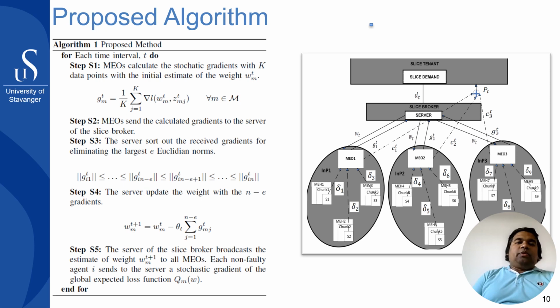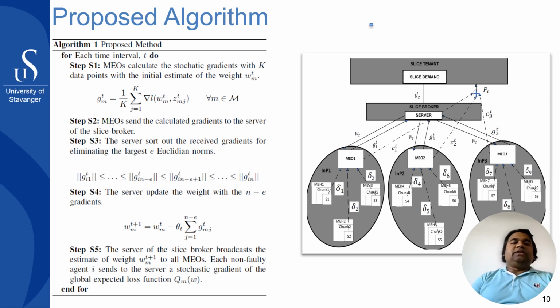Now, how our proposed algorithm works: as I told, our proposed algorithm is based on a federated learning or federated architecture, and also we use cumulative gradient elimination. Now, how the whole system is working.